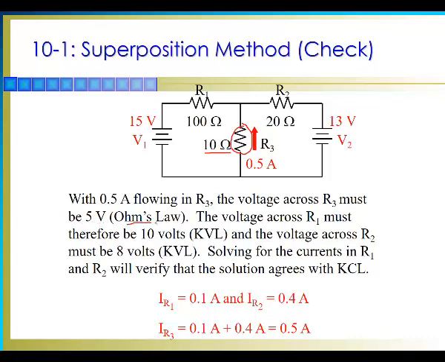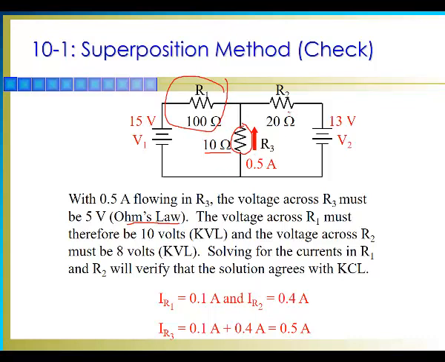Using Ohm's law, we learned that back in chapter 2 or chapter 3. So the voltage across R1 must be, therefore, 10 volts. Okay, because using KVL, if this is 15 and we are utilizing 5 here, so out of the 15, 5 goes to here, so 10 must go to R1.